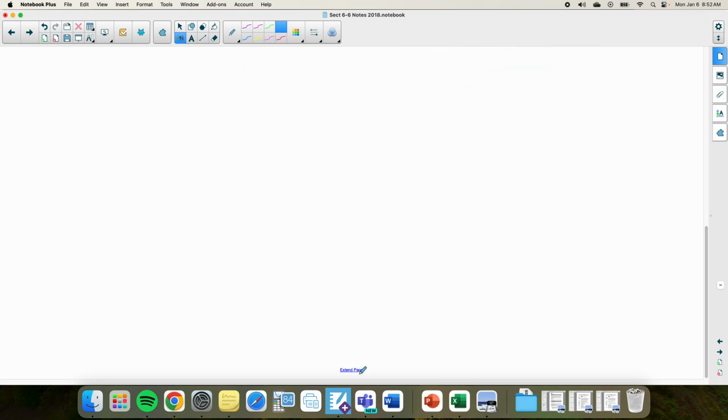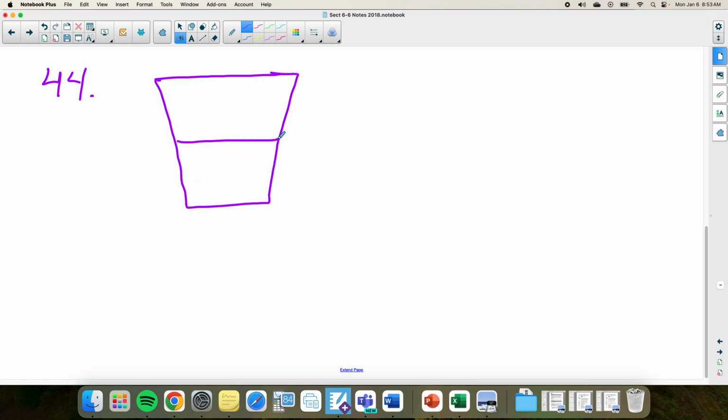Now we're gonna do 44 also. So this one's the same diagram. And in this one, they ask us to find TS at the end.